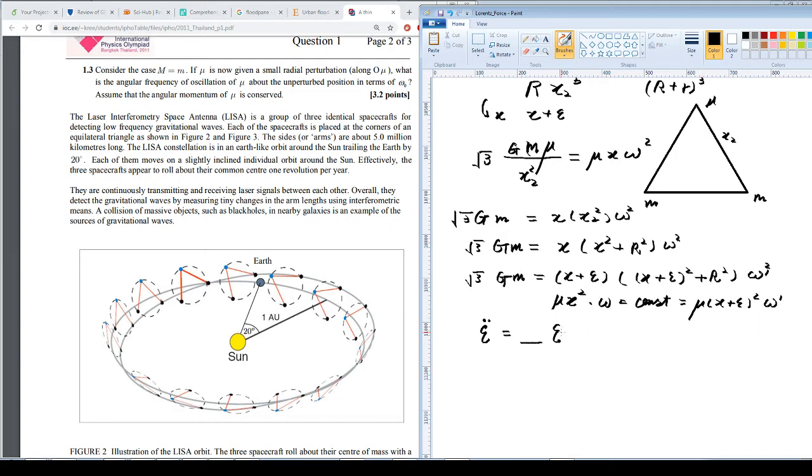This small disturbance is relative to the equilibrium position of mu.